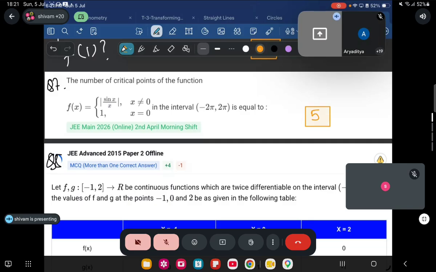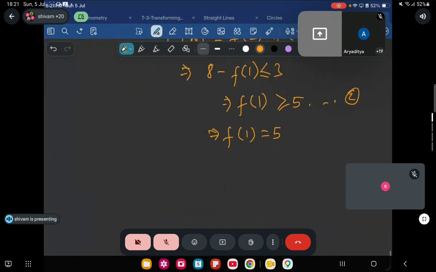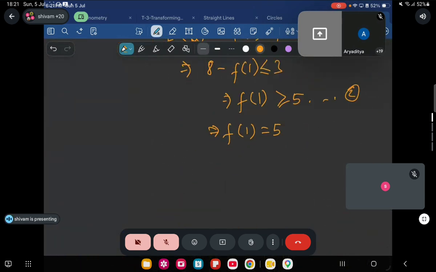In the previous question, had we assumed g of x to be f of x minus 3x? This was making the sum easier. I assume g of x as f of x minus 3x. Then, assuming that f of x is a polynomial, g of x becomes continuous and differentiable in 0 to 2.